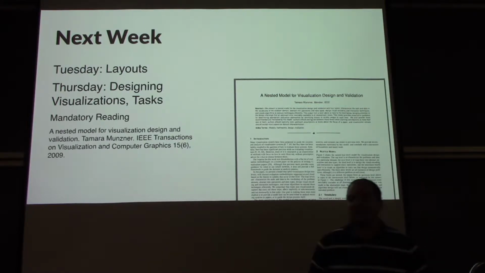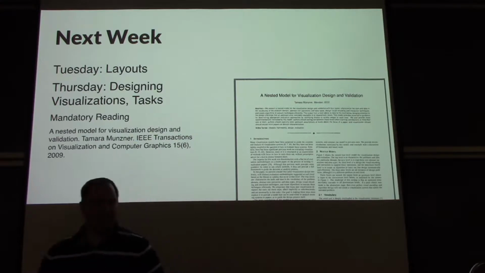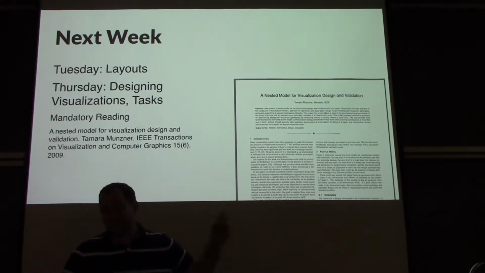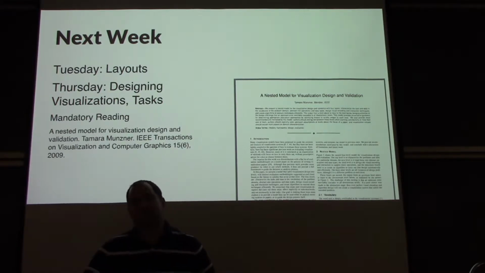Just as a reminder, I made a slight modification to what I said previously. These papers, the nested model, this one today, and the paper about crowdsourcing, are subject to be tested, but only for 6630 students. So the undergrads don't have to answer questions that are not covered in lecture, but for every grad student in here, I can ask anything that is in this paper. So for these papers, you really have to read them.